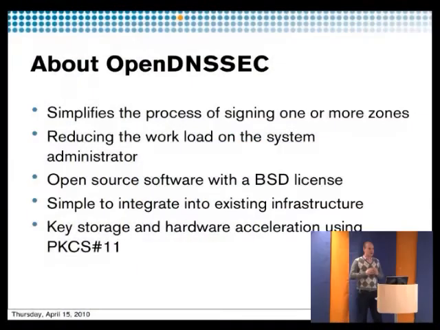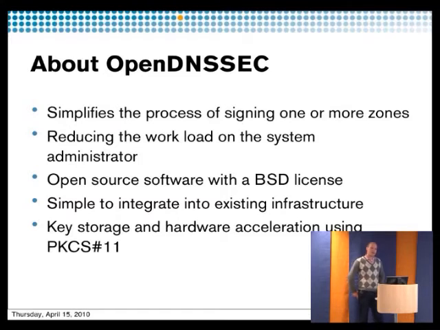And the overview of OpenDNSSEC is that it simplifies the process of signing your zone. So you specify that you have this set of zones that you want to sign, and then OpenDNSSEC will take care of it for you. And since you only specify a policy and set what zones you want to sign, OpenDNSSEC will take care of the rest for you, so there will be less work for the system administrator once you want to start to sign your zones.